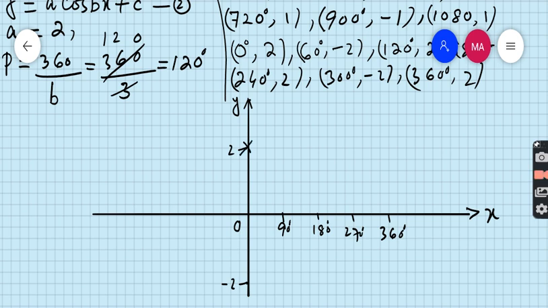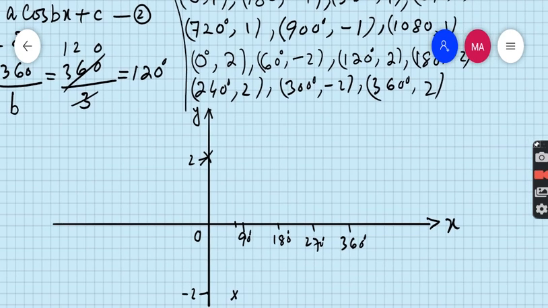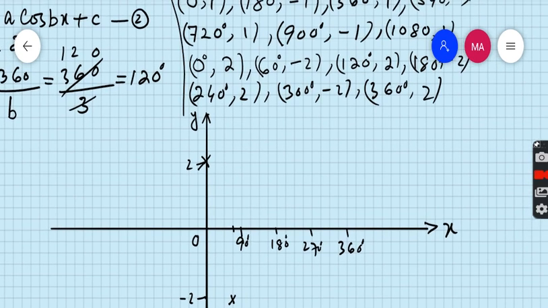Next 60, minus 2. Okay, so this is 90, this is 60, and this is minus 2. Okay, kindly wait.